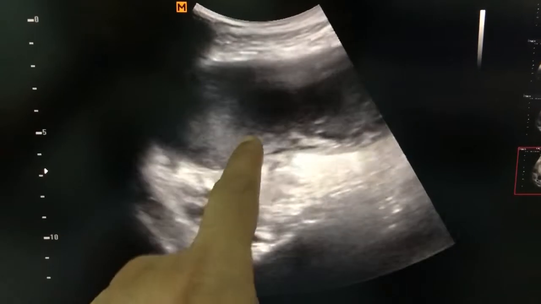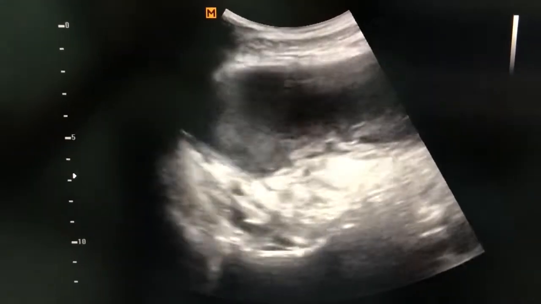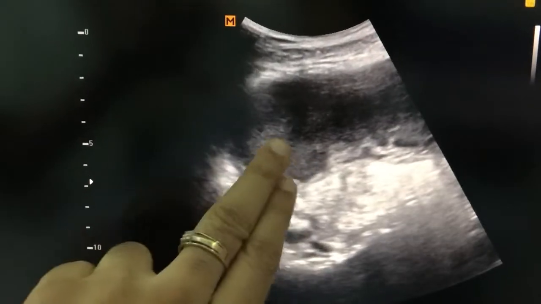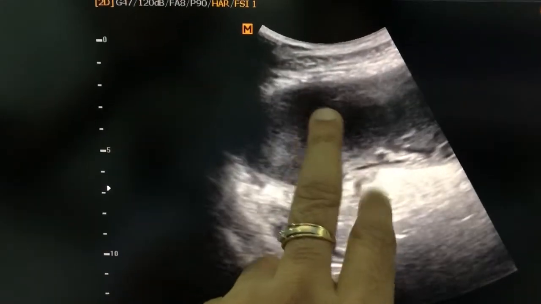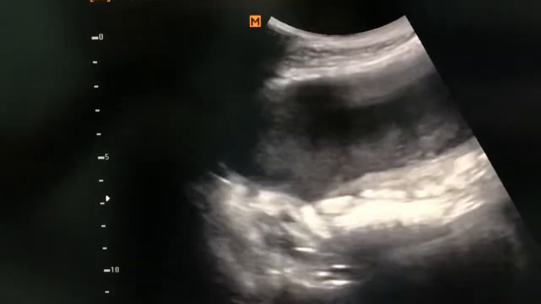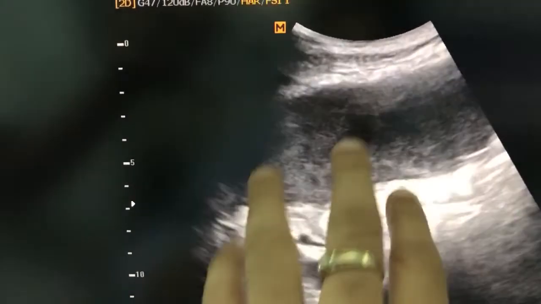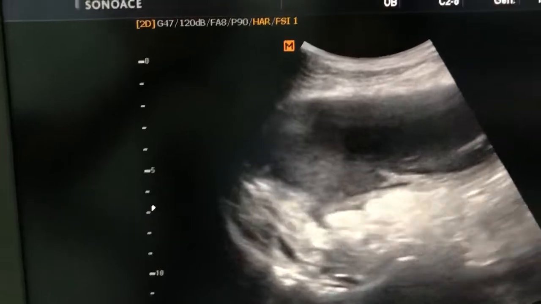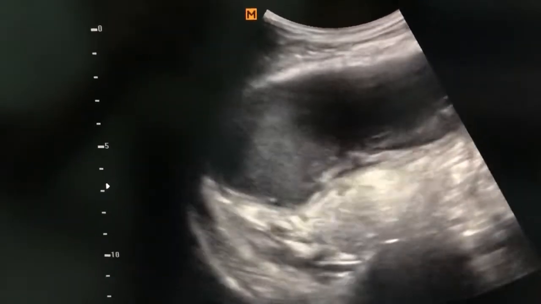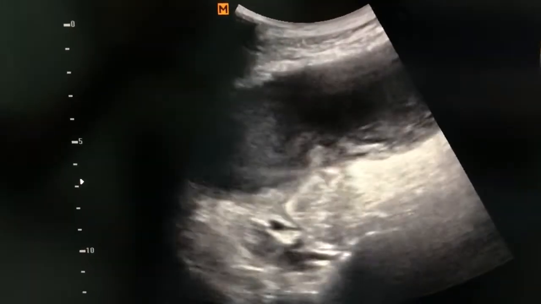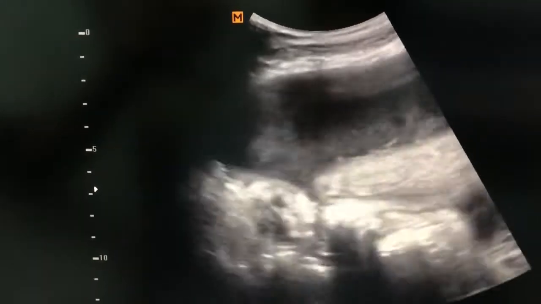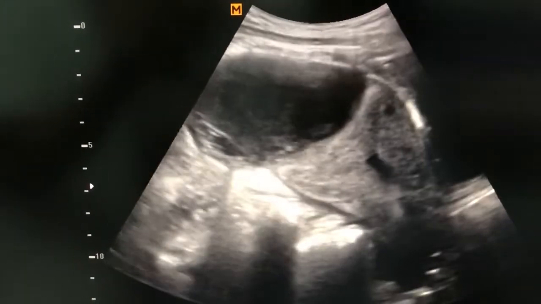Whenever you see this kind of texture, homogeneous in this part, somewhat homogeneous in this part, and the overall texture is heterogeneous, this is a finding of the blood collection inside the cyst wall due to the oozing secondary to torsion.